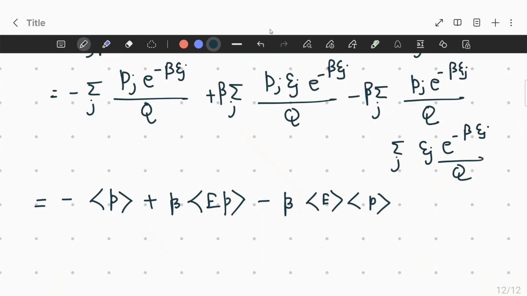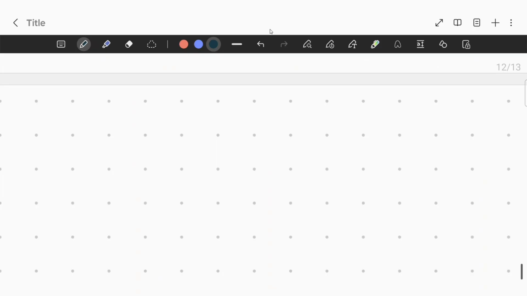Okay, this is correct. We will have a great equation, just to see. Now the second thing, why we are calculating this, we will understand after a few minutes.